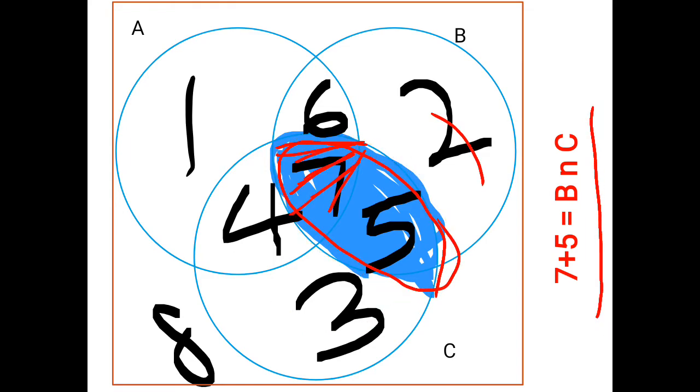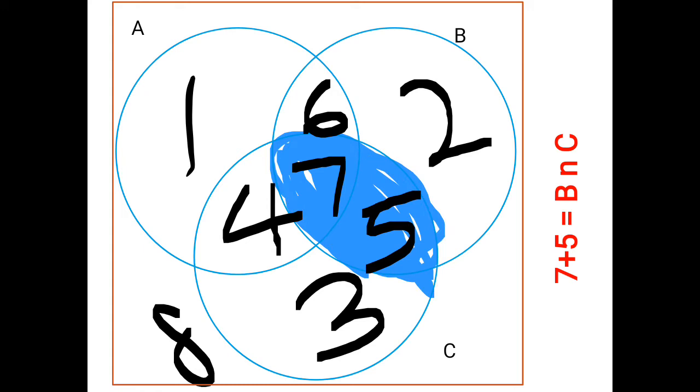I'm coming again. It's very, very important. Looking at the part I have shaded, I've shaded two regions, region 7 and region 5. Region 7 is found in all three circles. But when I add region 7 to region 5, it's going to be B intersection C. Why?